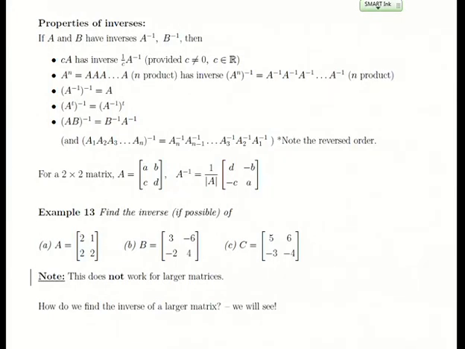Now the rule that's up there on the board says when you've got this inverse on the outside, you can put the inverse on the inside, as long as you reverse this order here. So that would be B minus 1, A minus 1.